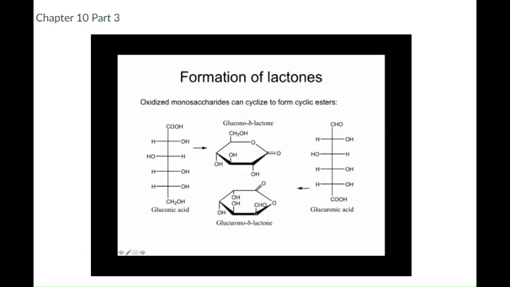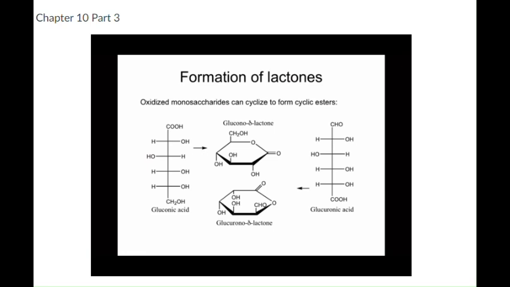Now, just like we can have a cyclization reaction that occurs between an aldehyde and a hydroxyl group, or a ketone and a hydroxyl group, the same thing can happen with a carboxylic acid and a hydroxyl group. If you think about the formation of an ester, it's carboxylic acid plus alcohol. Well, we can form a cyclic ester known as a lactone if we have a carboxylic acid and an alcohol.